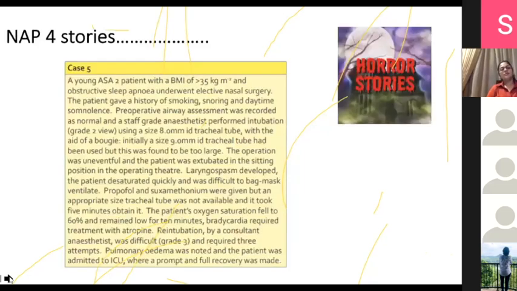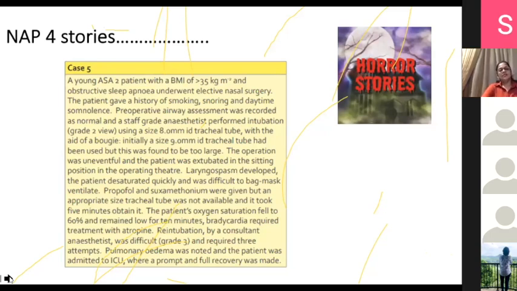This is a story which came from the National Audit Project, which is again quite interesting. This is of an ASA 2 patient with a BMI of more than 35. The patient undergoes an elective nasal surgery. Patient also has obstructive sleep apnea, is a smoker, and obviously has features of OSA. The pre-op assessment was recorded as normal, and a staff-grade anesthetist performs an intubation.